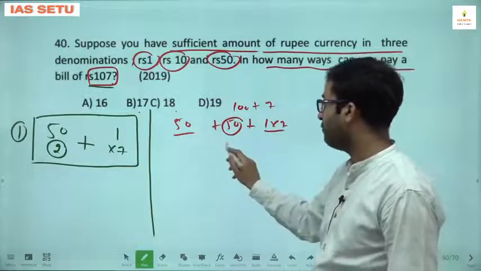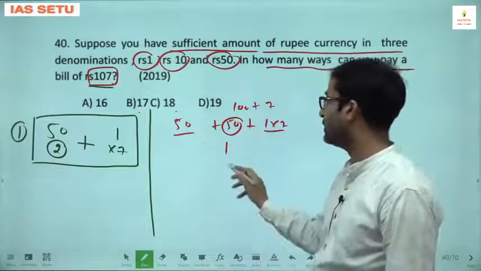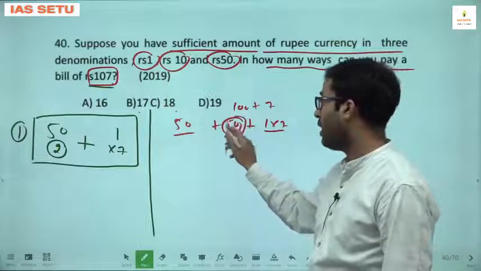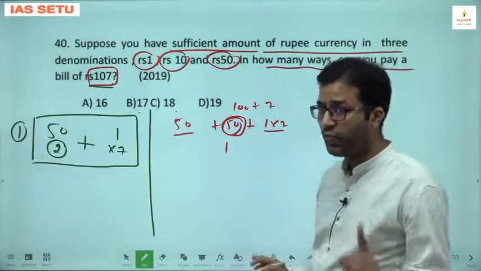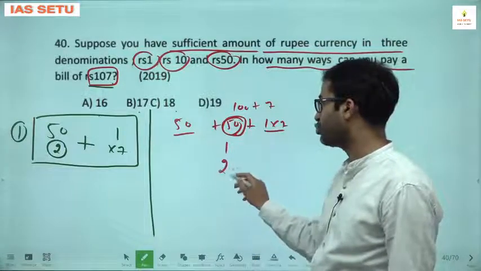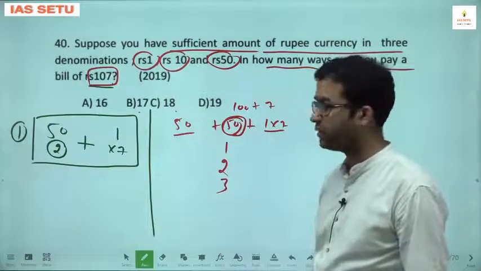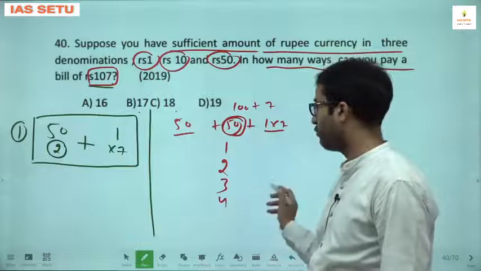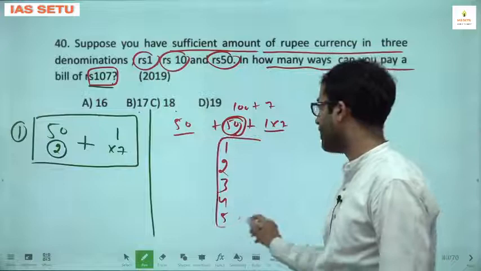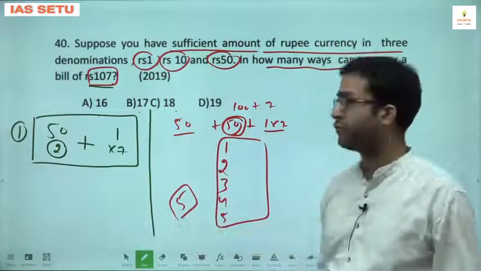I can give one currency note of 10, the rest in rupees 1 each. Or one note of 10 and the rest is 7 ones. I can use two notes of 10, the rest is 1s. 3 of 10 means 30 plus 27, 40 plus 17, 50 plus 7. So I have 5 different ways where I use one currency note of 50.